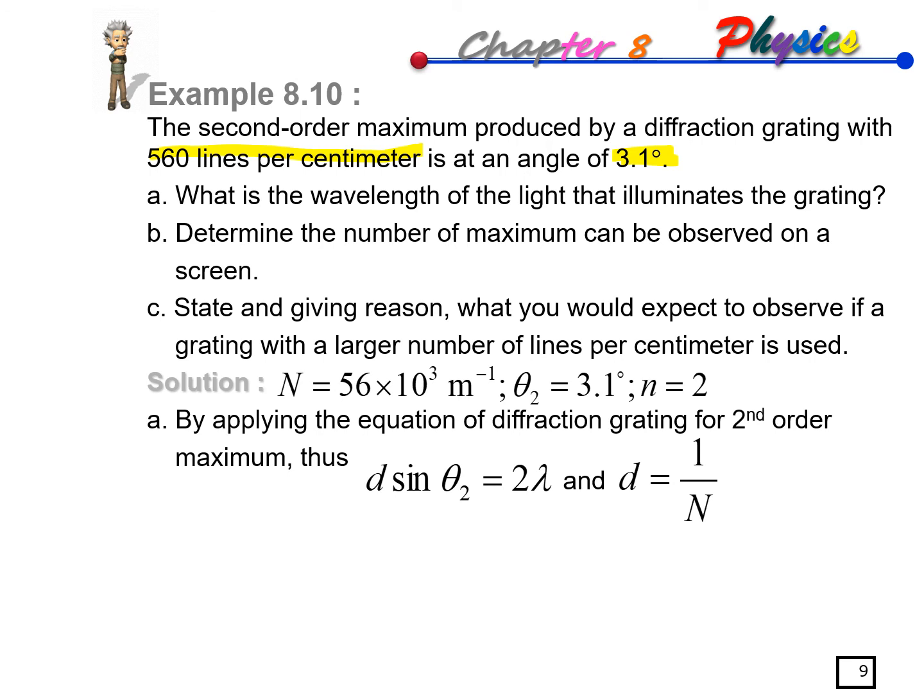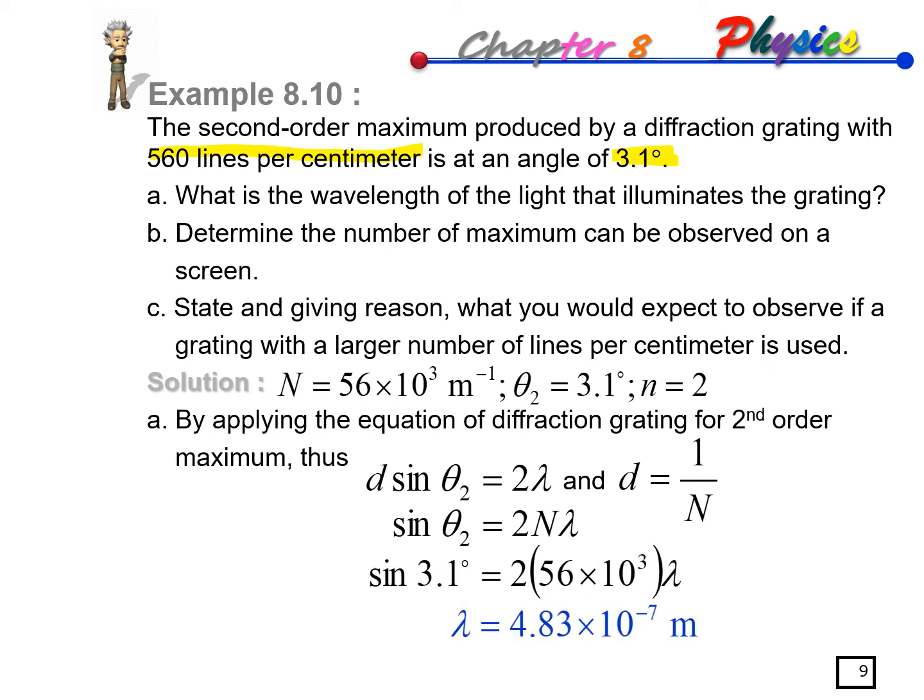Since the value of n is given, we can substitute to replace the value of d. So replace in, which will end up with this. Therefore lambda will be equivalent to 4.83 times 10 to the power of -7 meter.